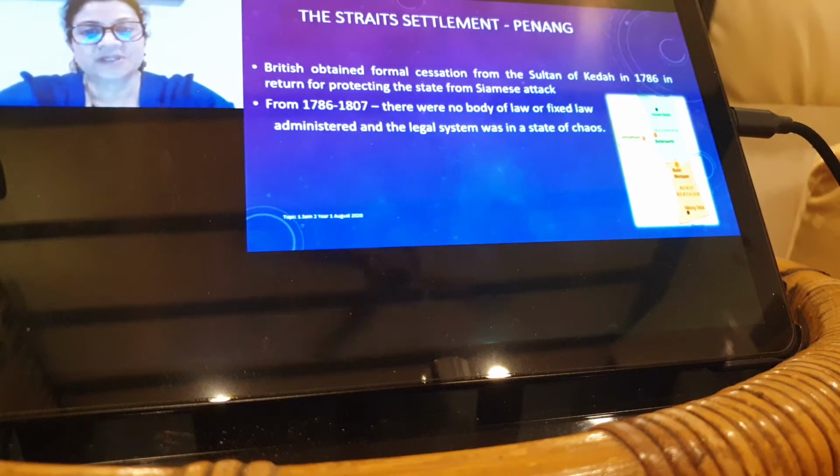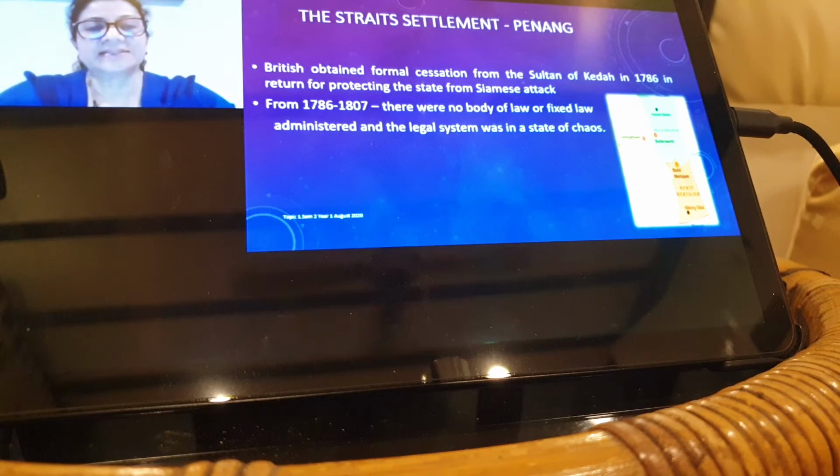Kedah was under the rule of the Sultan of Kedah, and there was attack from Siam, the old name for Thailand. As a result, the British said, we will protect you from the Siamese attacks, but in return, we will administer and take over Penang.